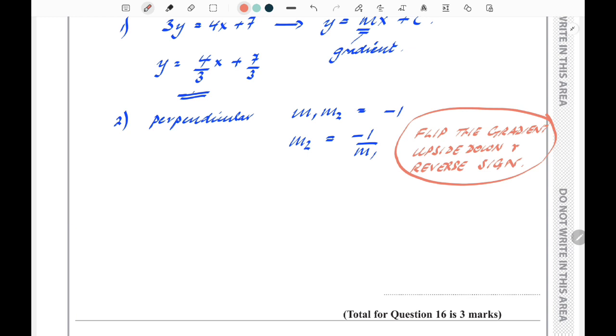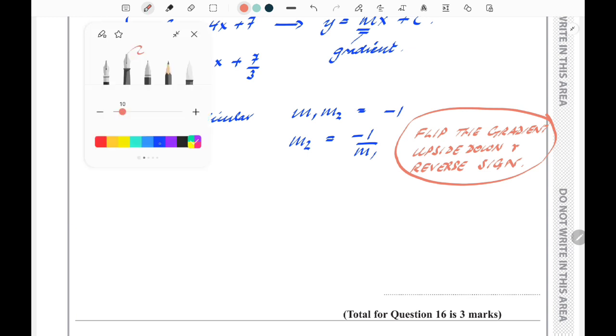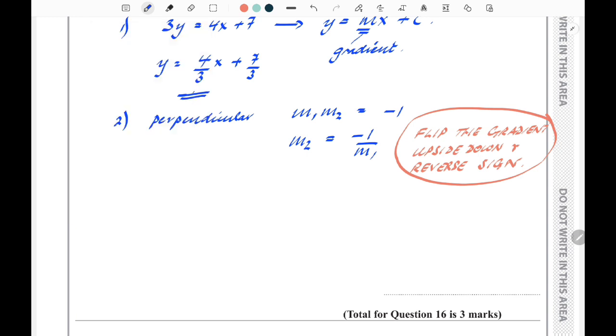All right, so I'll do just one or two examples. I've covered them before in the other papers, but just to show you, if you have, for example, a half as your gradient, right? Flip that upside down, it becomes a 2, and this was plus, so the 2 is a minus. Reverse the sign. Okay. If you had a whole number, right?